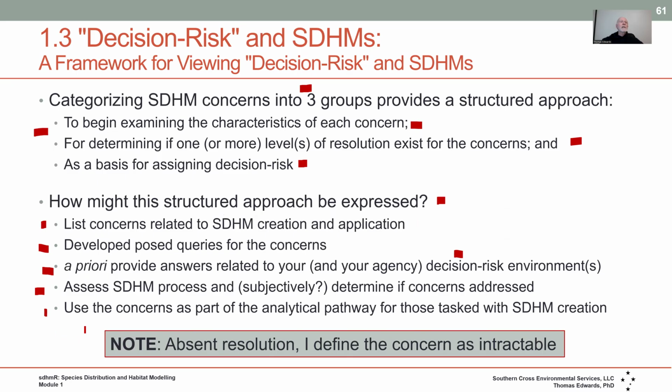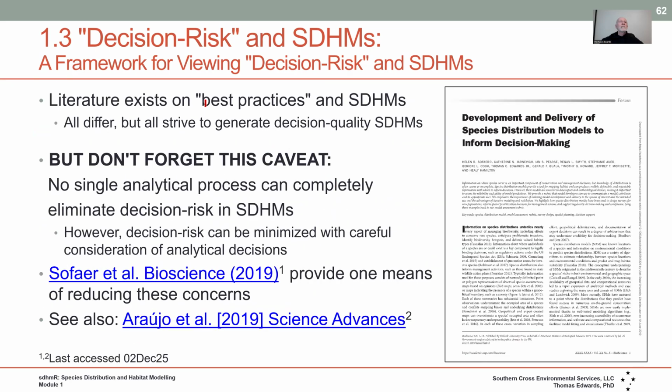Now, this sounds complex, but one of the things we've talked about is that there does exist literature and a host of other guidance on best practices. This perhaps is one of the best articulated papers on how one can examine the risk associated with steps in the construction of the distribution model that is currently available.